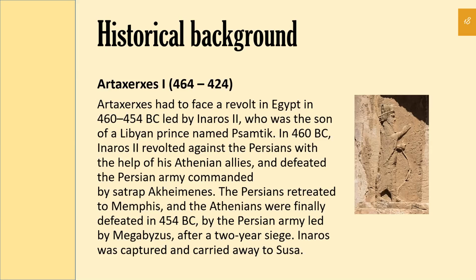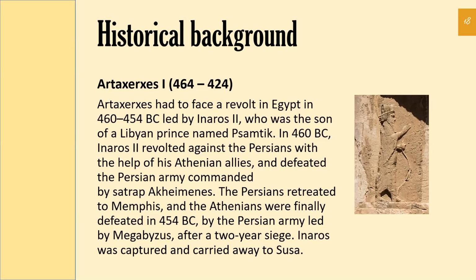And one guy by the name Inaros proclaimed himself a pharaoh or a ruler of Egypt, and he actually expelled the Persian army from the country. Only a small garrison was locked in the city of Memphis, and also he killed one of the generals of the Persian army, who was a relative of Artaxerxes.